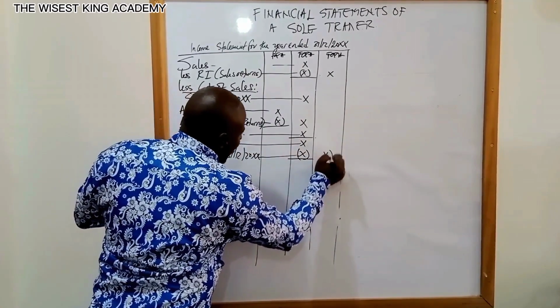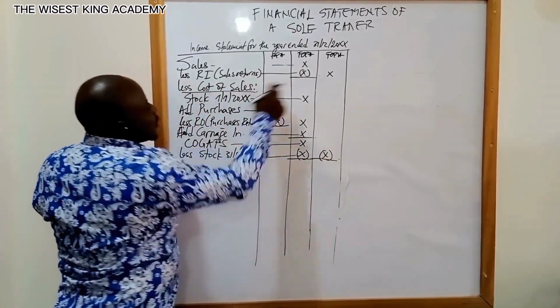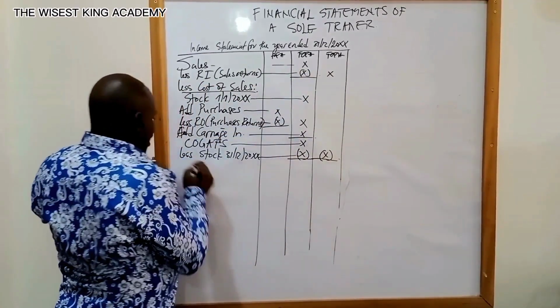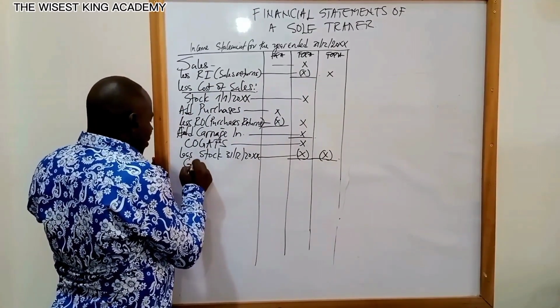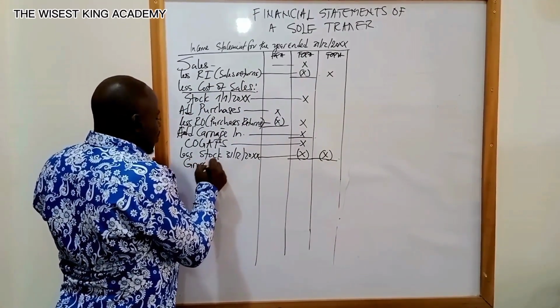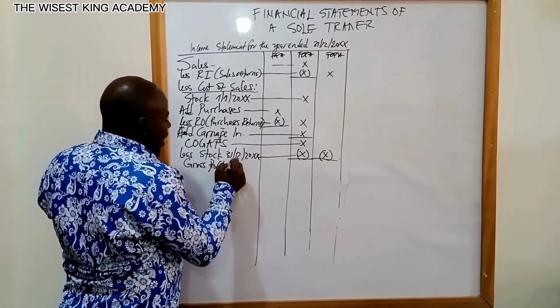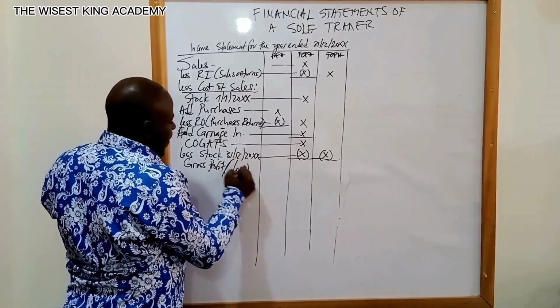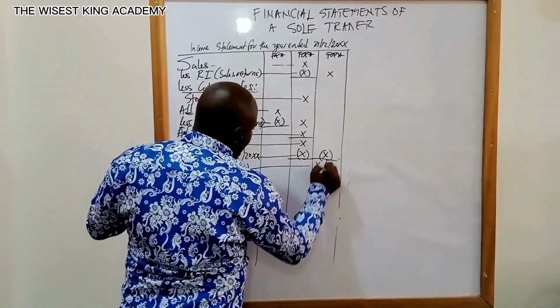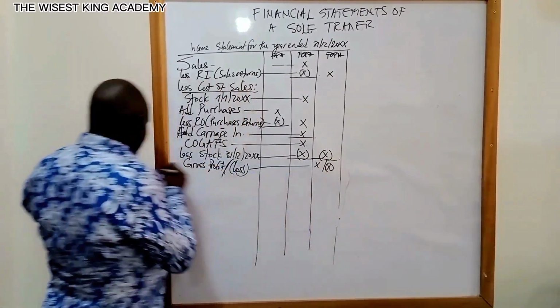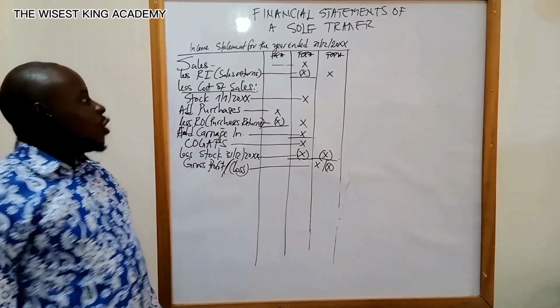When we subtract that, what we have now is our cost of sales, which when we subtract from our net sales, gives us our gross profit. Or we can even have a gross loss. So we can have a gross profit or gross loss.